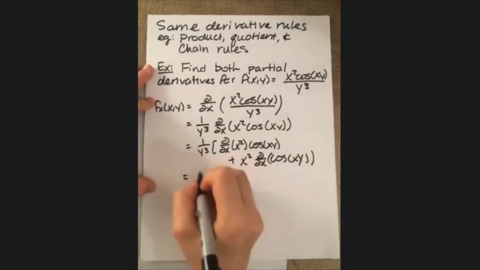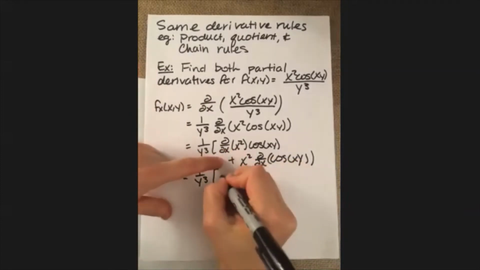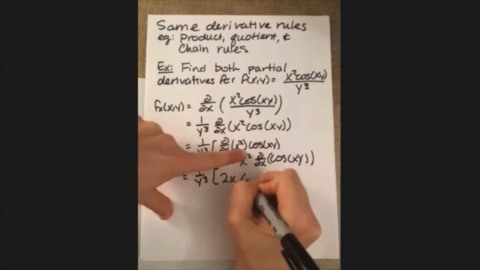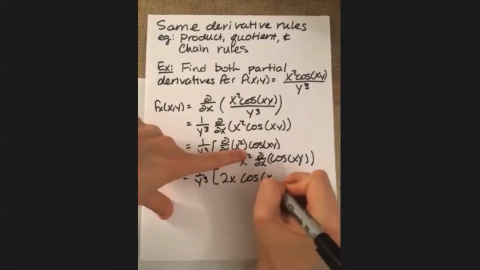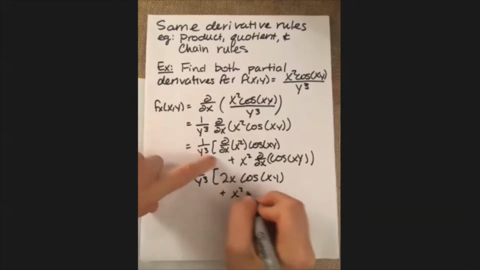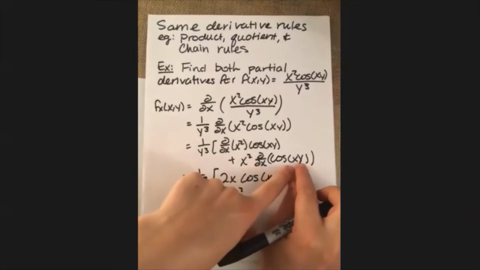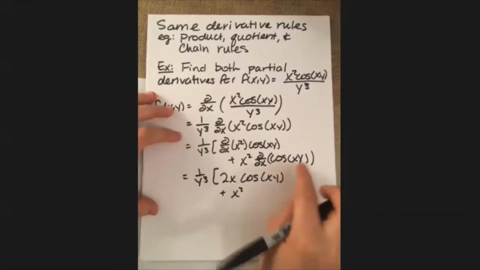Okay, so we have 1 over y cubed, and then partial with respect to x here is just 2x, and then times cosine of xy. And then we're adding to this x squared times the derivative of this right here. Since we have x times y inside of cosine, we're going to have to apply our chain rule.